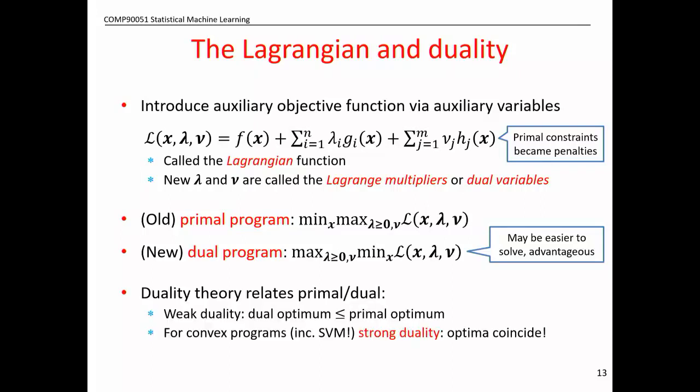However, there's a famous theorem, the key result in duality, which is called weak duality, which says that the value that the Lagrangian function takes, whatever value this objective plus penalties takes at the solution of the dual, lower bounds the solution of the primal.